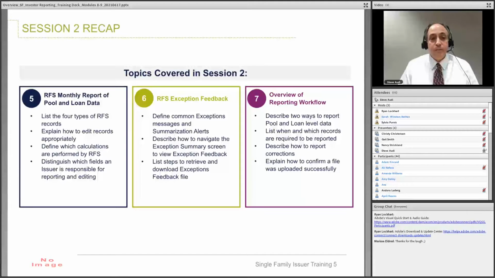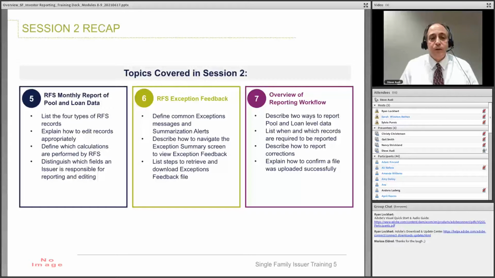In the exception feedback section, we talked about the messages and the alerts, the summarization alerts, navigation in the screens themselves, and at both the pool, the loan, and the liquidation, how to view those in exception feedback, and retrieving the downloads, very important.